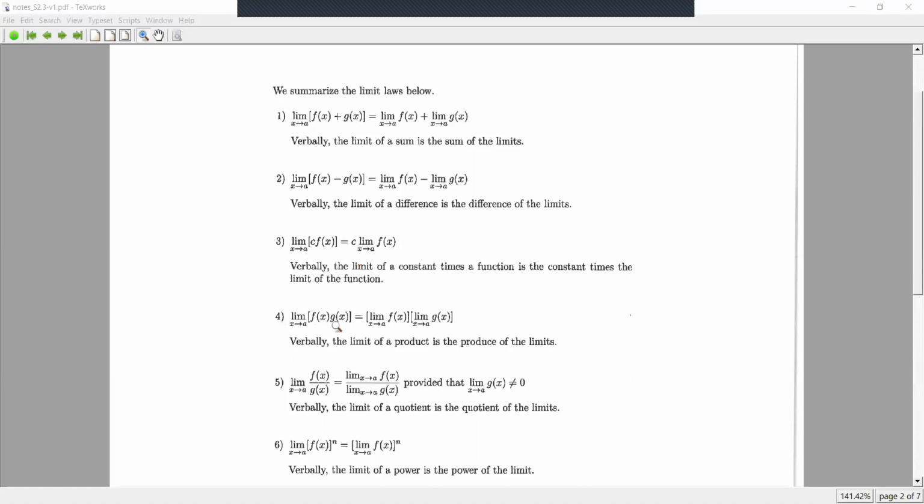Limit of a product is the product of limits. Law number five is the quotient law. Limit of a quotient is quotient of limits. Of course, the limit in the denominator cannot be zero. Otherwise, a number divided by zero is not computable.